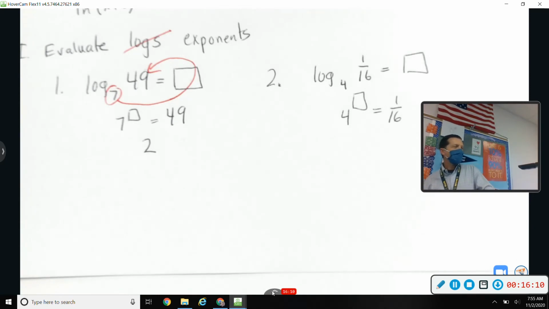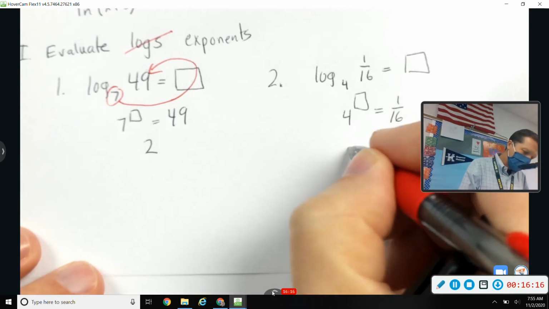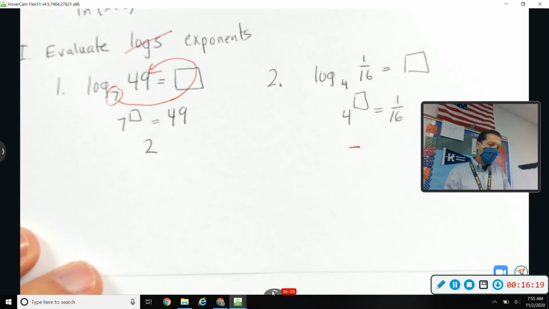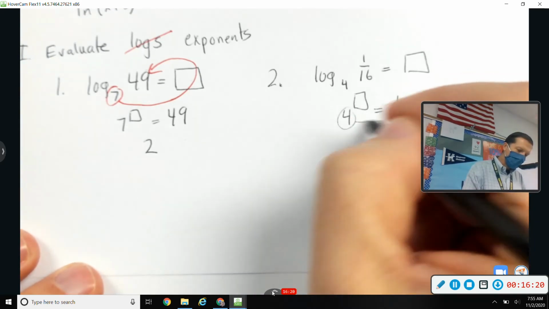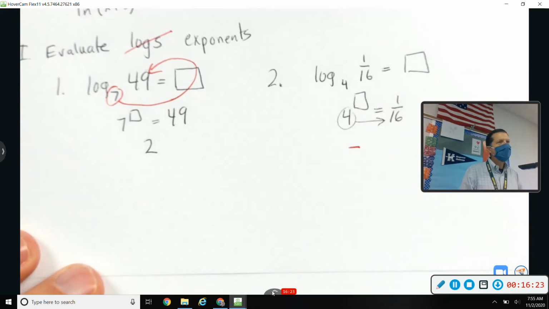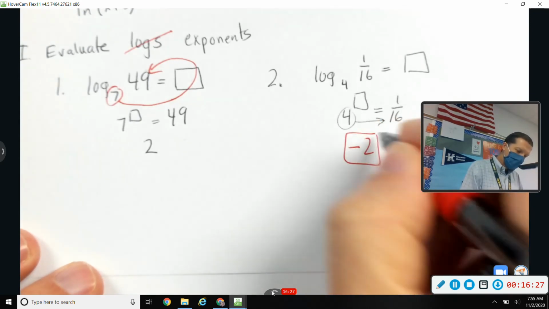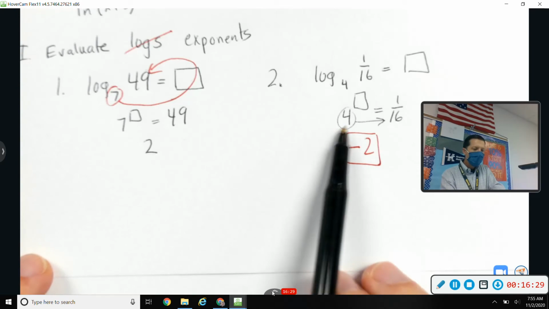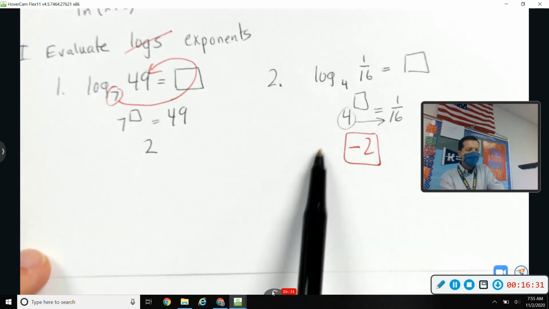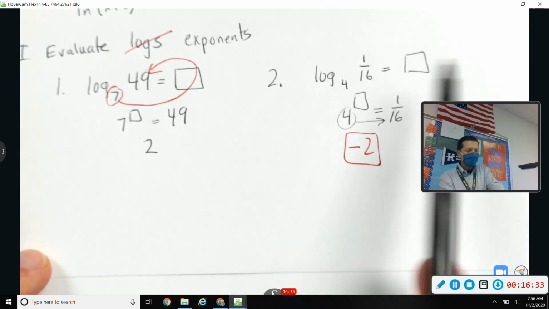What type of exponent flips it over? It's got to be negative. So negative for sure to get the flip. And then how do I get from 4 to 16? Square it. So my answer is negative 2. 4 to the negative 2 is 1/16. So log base 4 of 1/16 is negative 2.